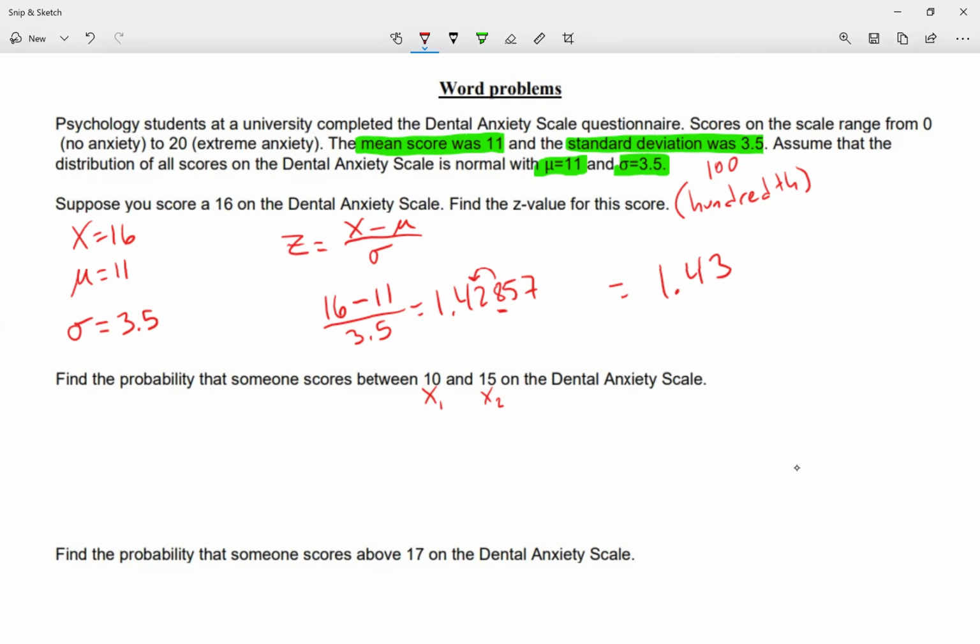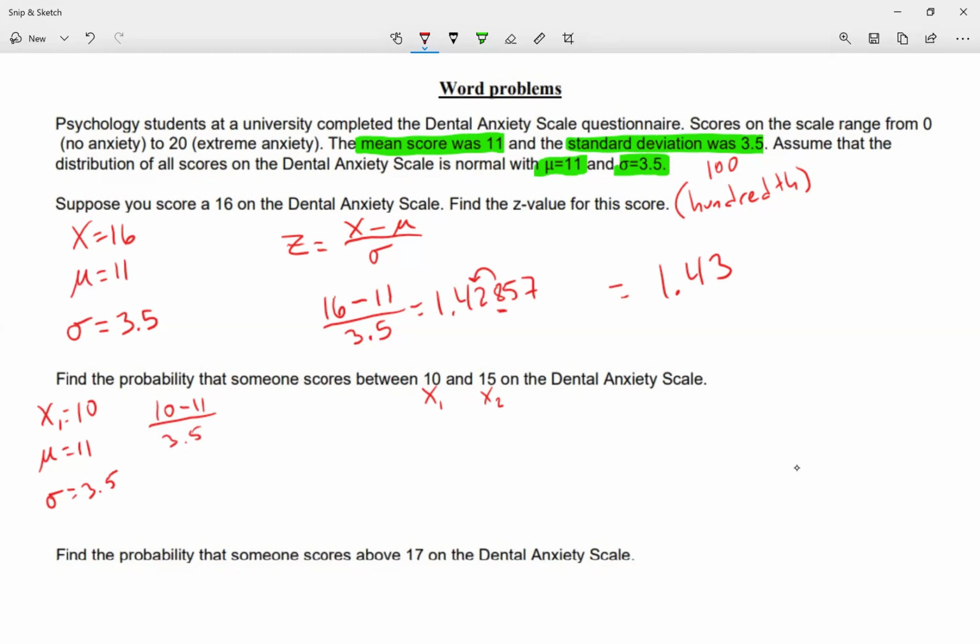For the first one, I have my x value is 10, the mu is 11, and my standard deviation is 3.5. And I'm still looking at the same dental anxiety scale. Let me get the z-score for this one. I'm going to go 10 minus 11 divided by 3.5.